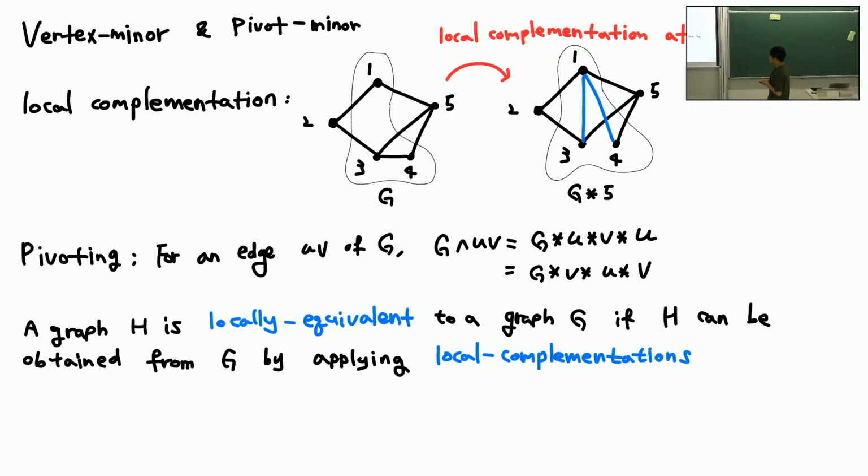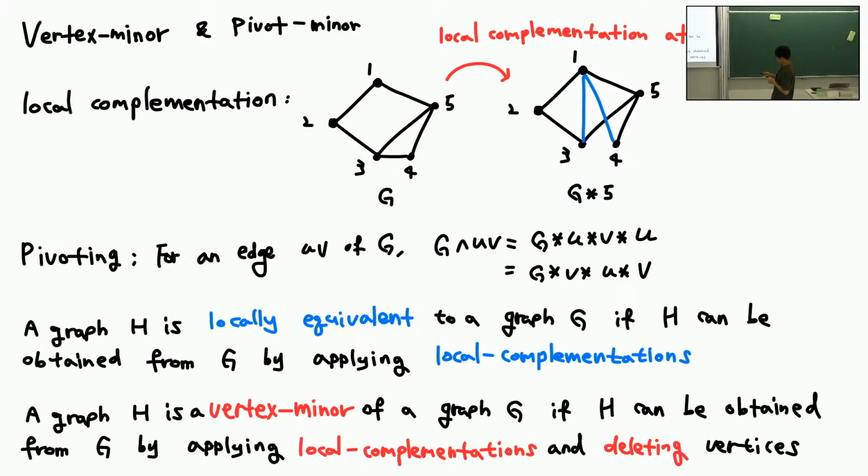We say that graph H is locally equivalent to graph G if H can be obtained from G by a sequence of local complementations. Graph H is a vertex-minor of graph G if H can be obtained from G by applying local complementation and deleting vertices.